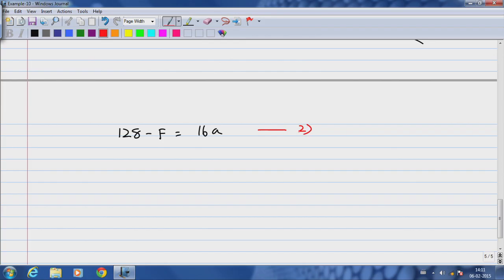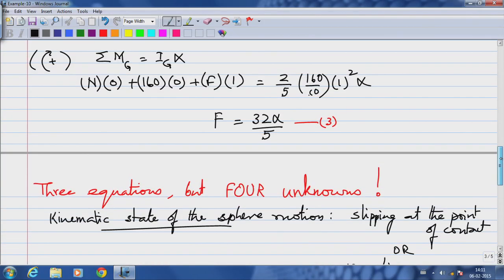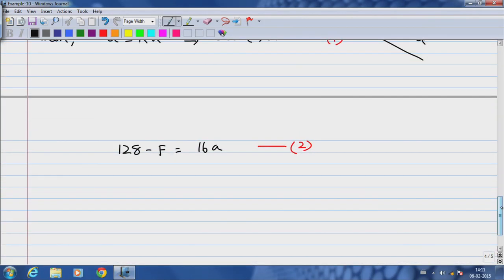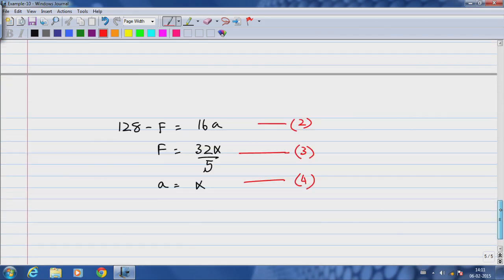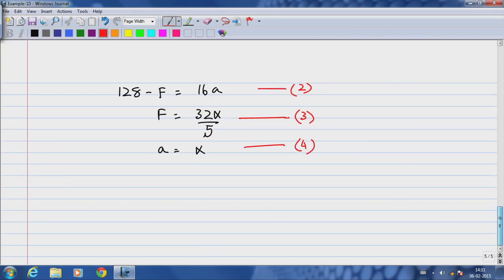This is our equation 2. f equals 32 alpha over 5. This is our equation number 3. And a equals alpha, this is our 4. We have 3 linear equations in 3 variables, so we are going to be able to solve them.